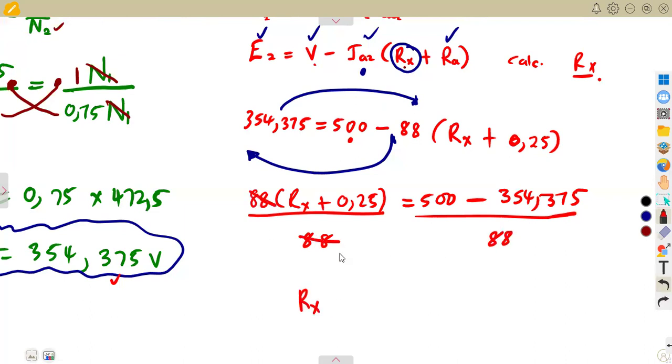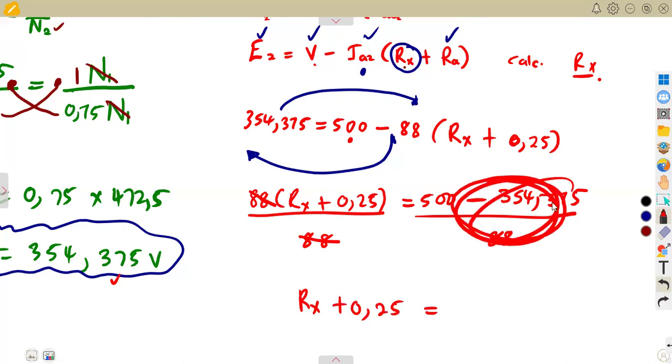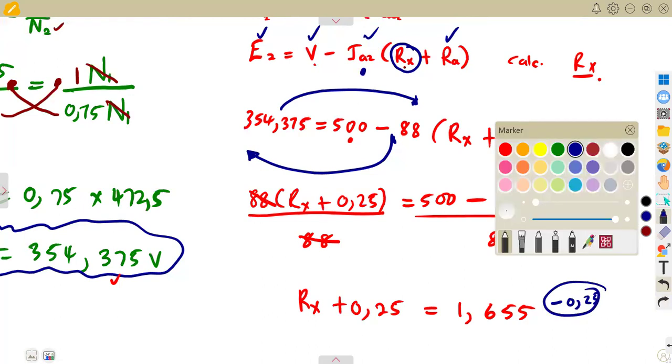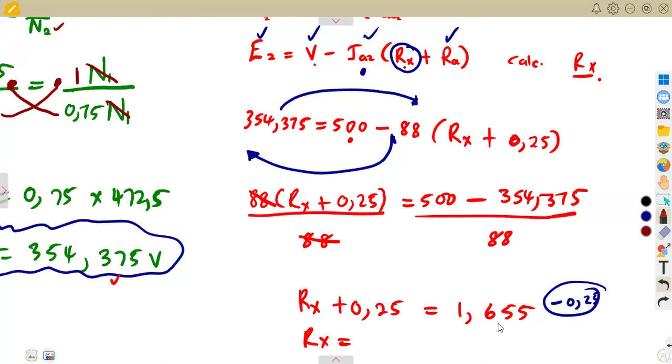So you're going to be left with Rx plus 0.25, which is equal to the answer that you're going to have there, which is something like 1,655 and so on. So taking 0.25 to the right-hand side, it's a positive, so it is going to be a negative. So you subtract 0.25. All right, so that means our Rx is going to be 1,655 minus 0.25, which is 1,405 ohms. Just like that.